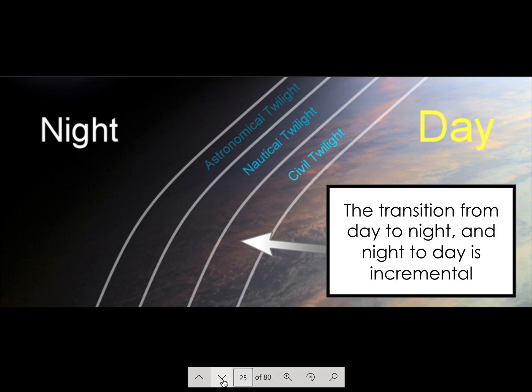And then this is showing you an aerial photo from a satellite. The transition from day to night is a gradient. There is no hard line, right? So you'll always see this gradient from day through civil, nautical, astronomical into night.